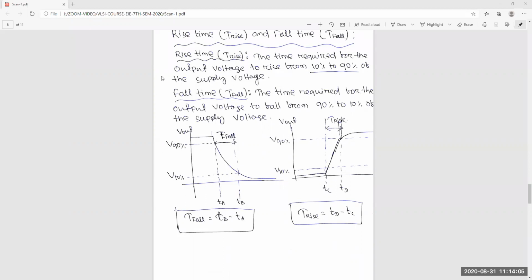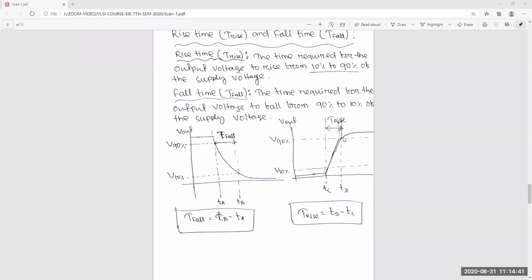If it is discharging, it is from VDD to 0, or VOH to VOL. Next, in the right side figure, here is the rise time definition, from VOL to VOH. Here it is from 10% of the final output voltage to 90% of the final output voltage. This time is called the general rise time.